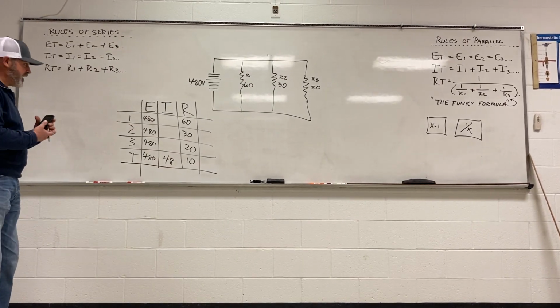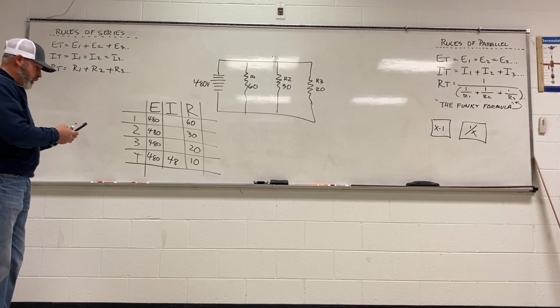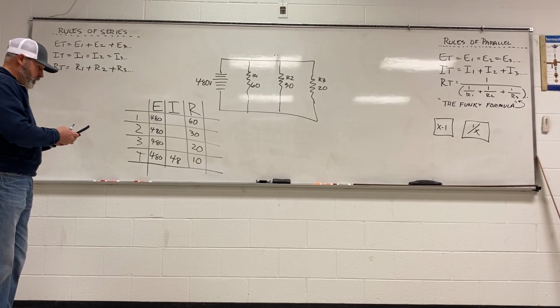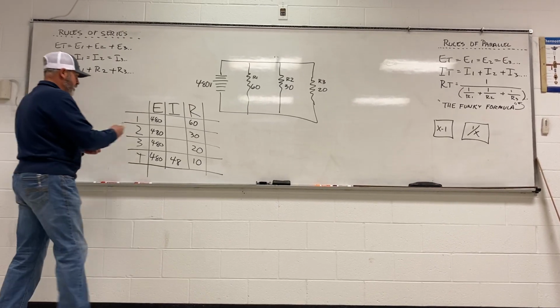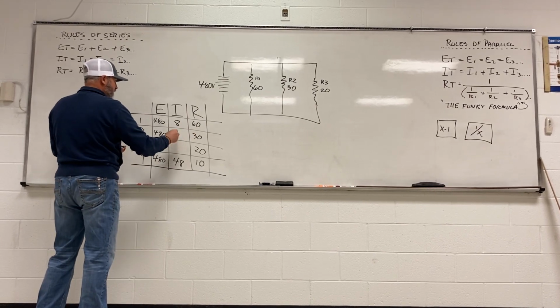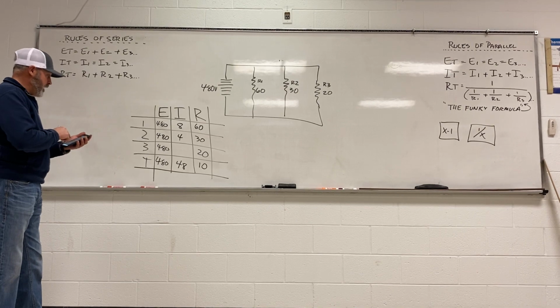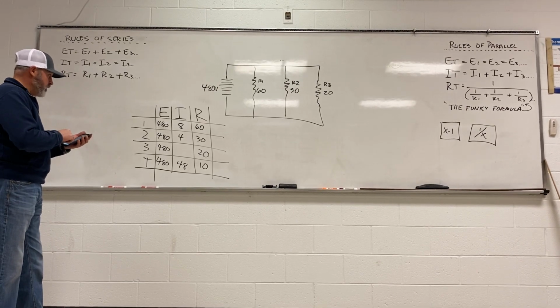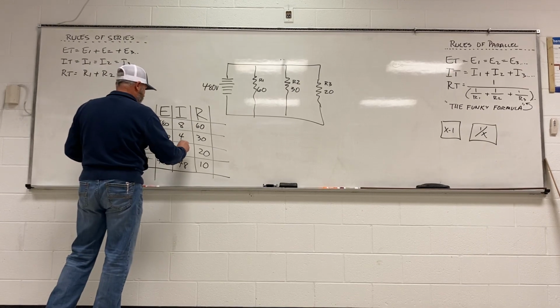So I'm going to go to my calculator here and punch in 480 divided by 60 equals 8. 30's half of that, so I guess that's going to be 4. And 480 divided by 20, 24.